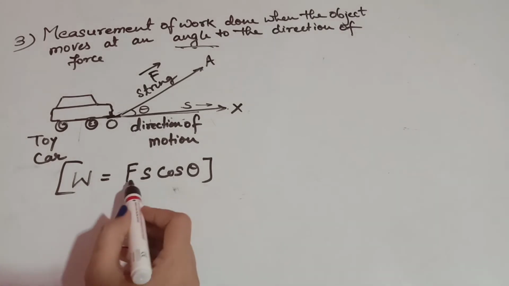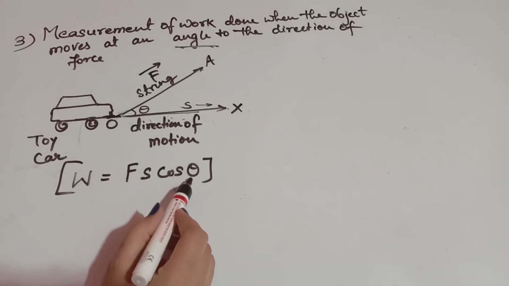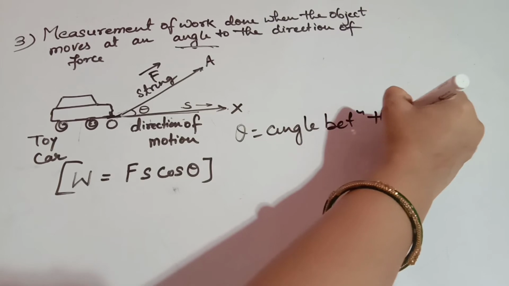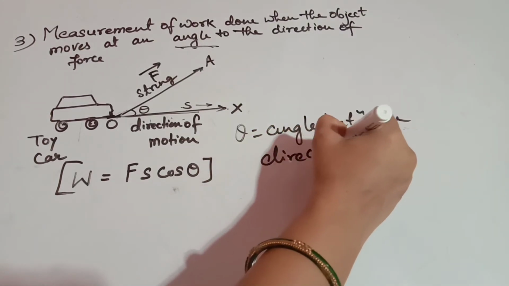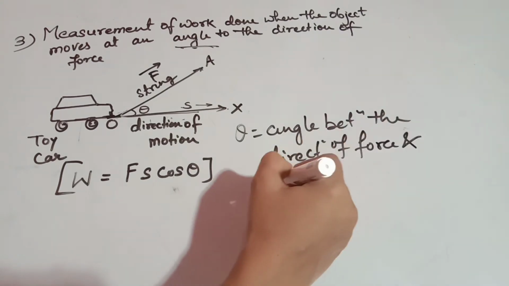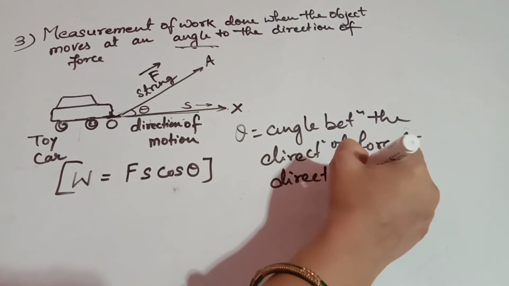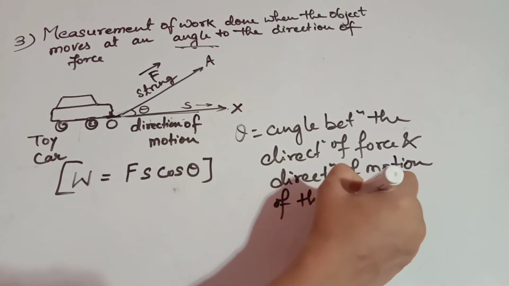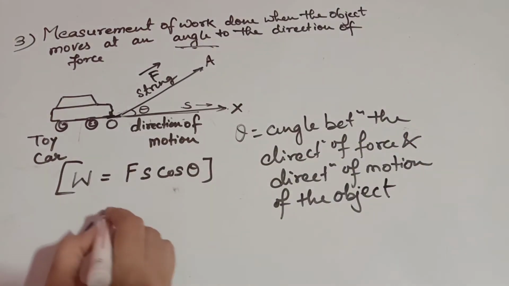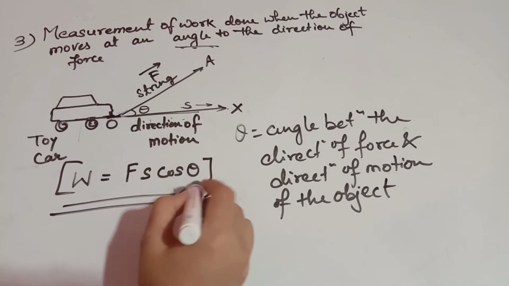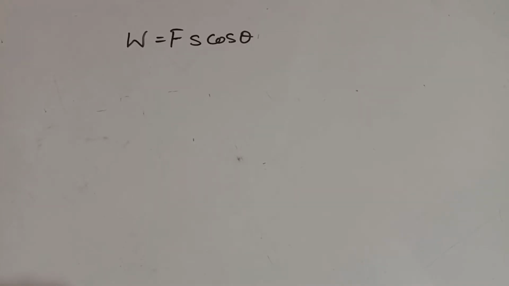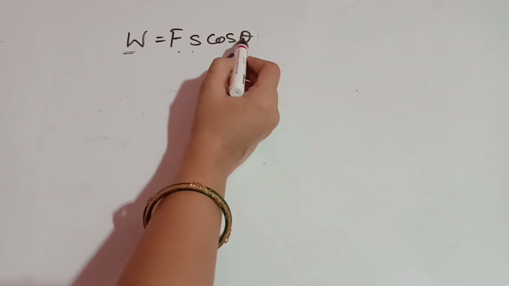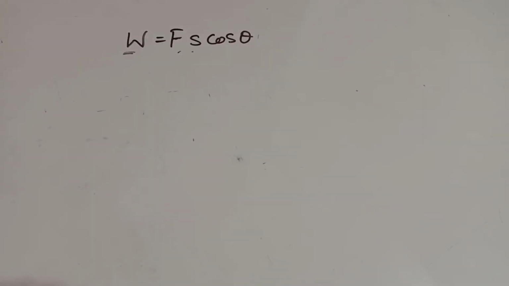Now W is the work, F is the force applied, S is the displacement, and theta is the angle between the direction of force and the direction of motion of the object, or displacement. Whenever you solve a numerical question based on this formula, always see what the value of theta is.